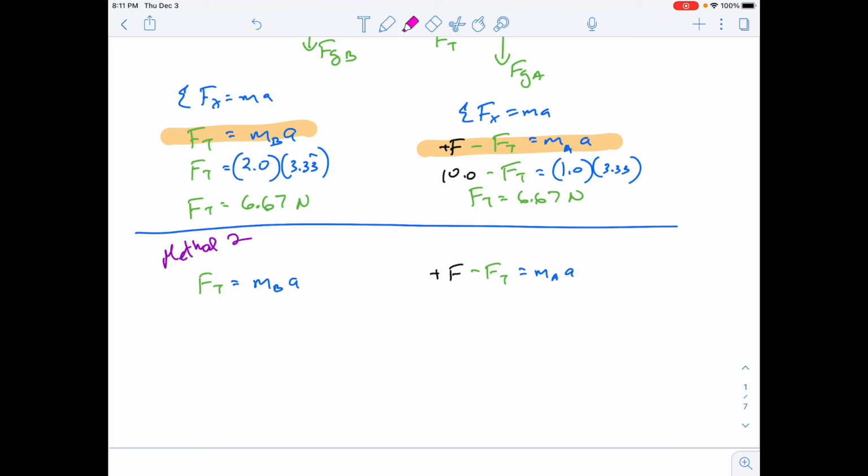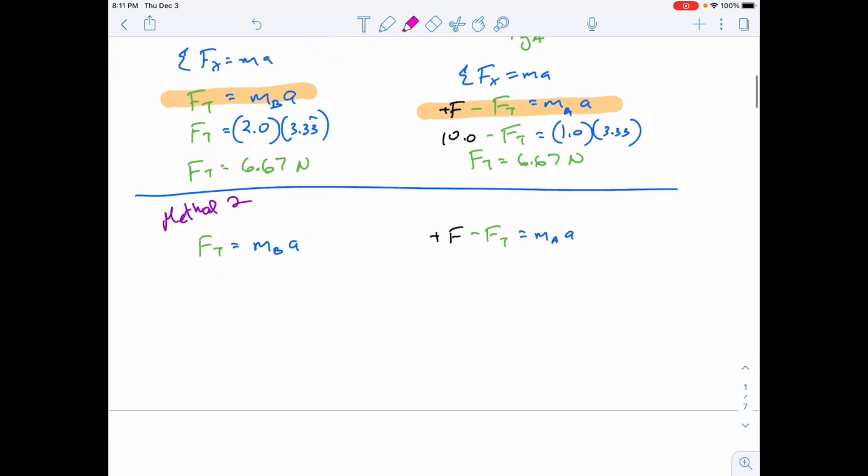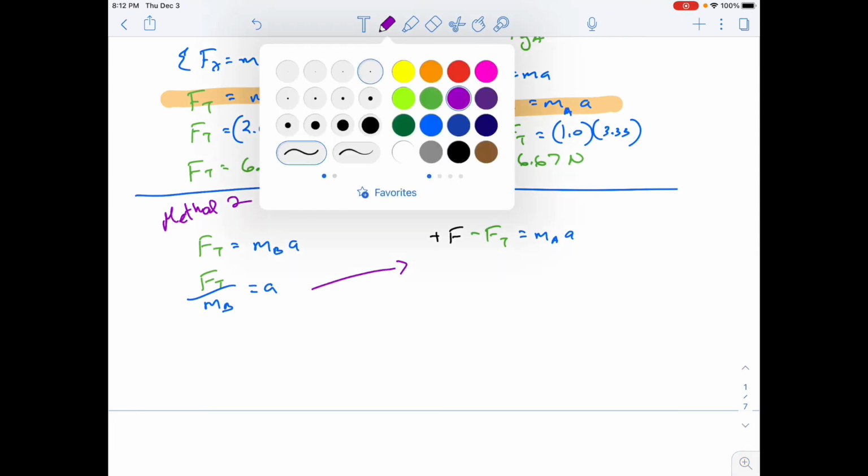If you have two unknowns and two equations, you can solve, but you might have to do a little bit of algebra, a little substitution. There's a bunch of different ways you can do that. If I'm trying to find acceleration, there's many ways to attack substituting or setting equations equal to each other. What I'm going to do is rearrange this and solve for A. Then I'm going to plug it in over here.